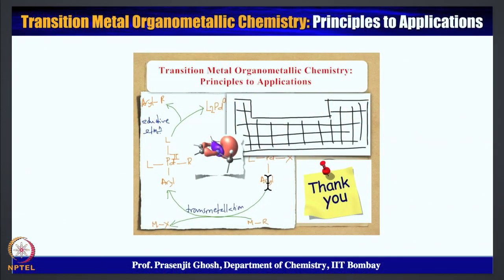compounds that we have discussed all throughout these 59 lectures, and we are summarizing in this 60th lecture today. So, with this I want to say that this course started from principles and moved on to various applications. The course would be useful for undergraduate as well as master's degree students, as well as the people in industry, particularly working in the area of homogeneous catalysis and organometallic synthesis.